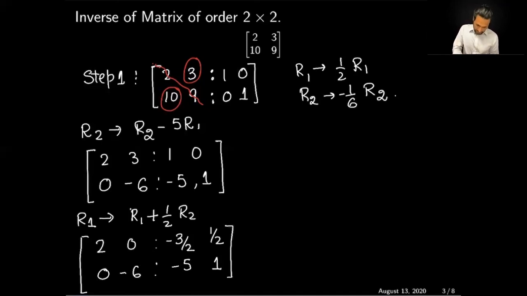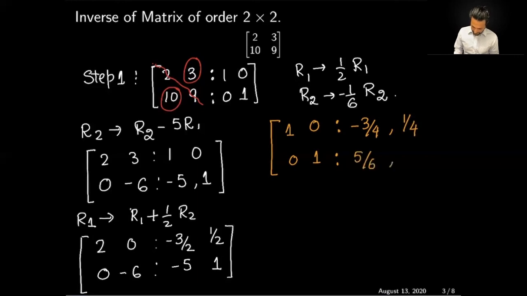If we apply those operations, we will get 1, 0, 0, 1, and this will be -3 over 4, 1 over 4, this will be 5 over 6, and this will be 1 over 6 with a negative sign. So now, as you can see, we started with the identity on the right, and now we have produced the identity on the left. Now this matrix will be our inverse.